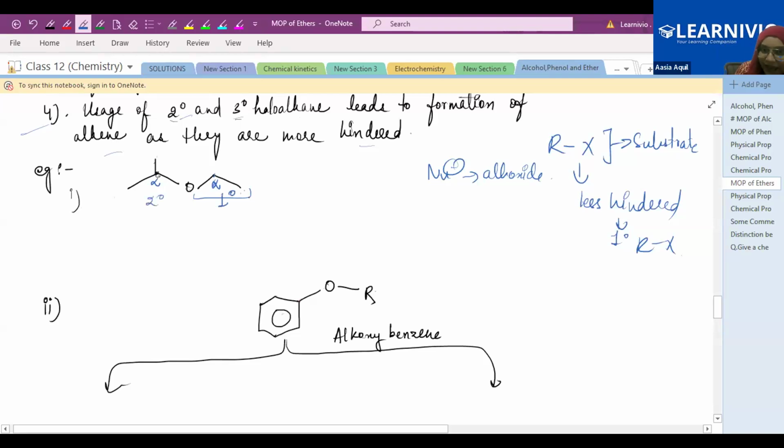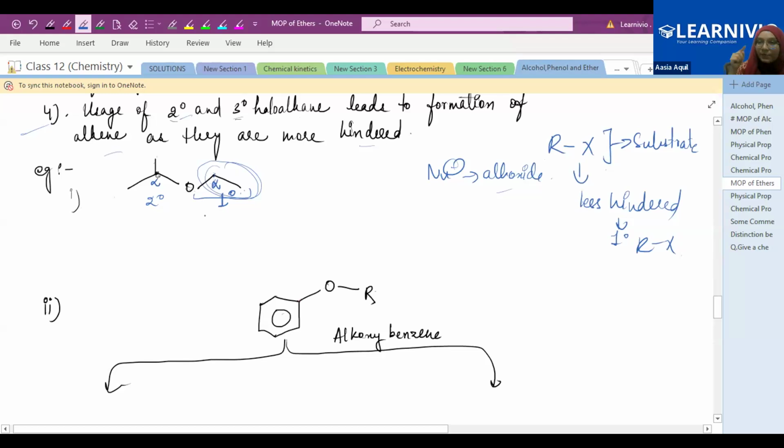So from the primary alpha carbon, from this group, you have to make the RX. You have to break the group at the oxygen linkage and join X to it. This whole thing is a primary one, because the substrate should be less hindered.